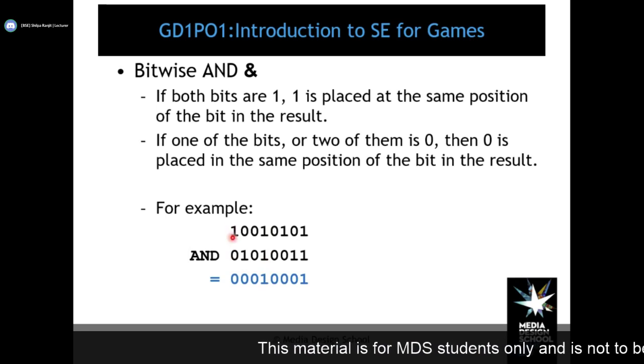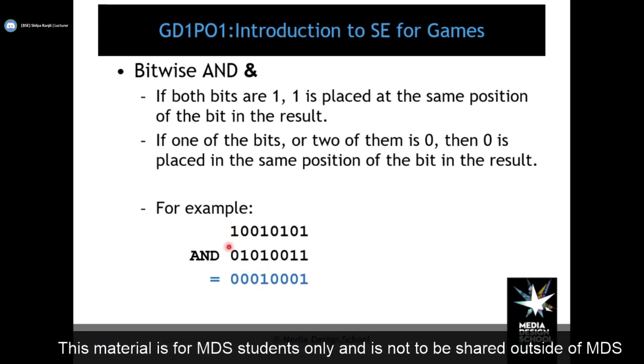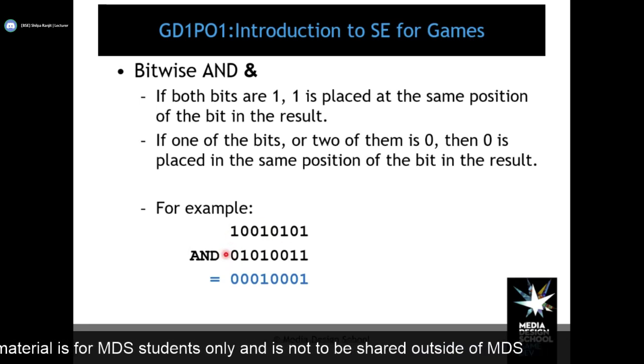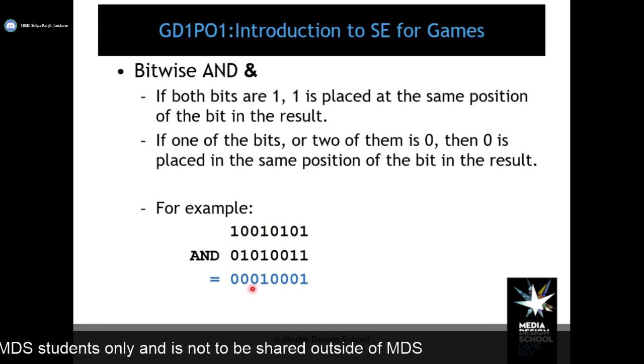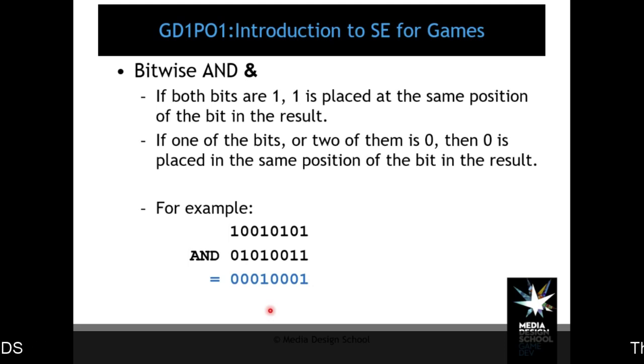So the result of the AND operation of these two bit patterns is 0, 0, 0, 1, 0, 0, 1. All right. I hope you're okay with this. So just want to arrange one below the other and then calculate the bits one by one.